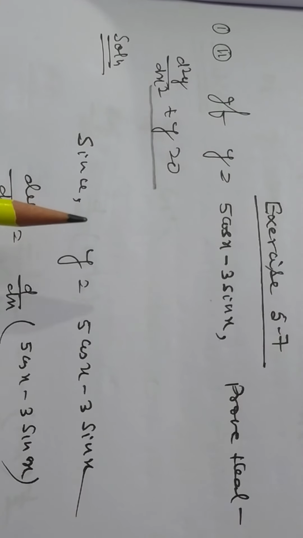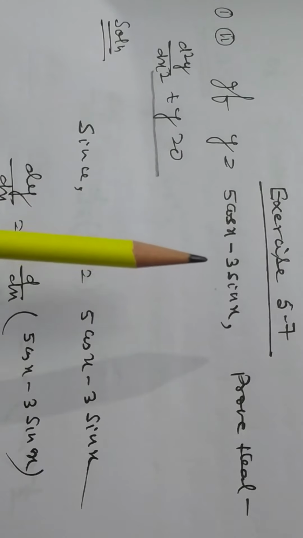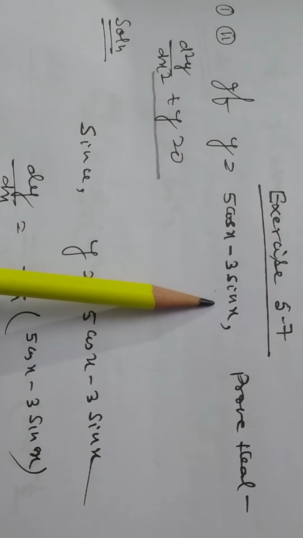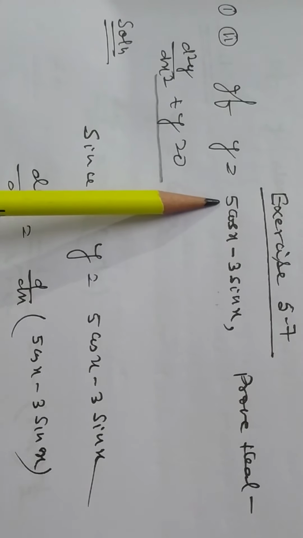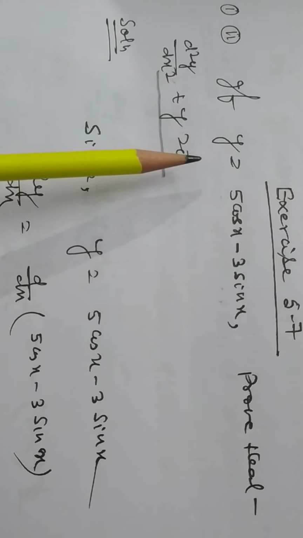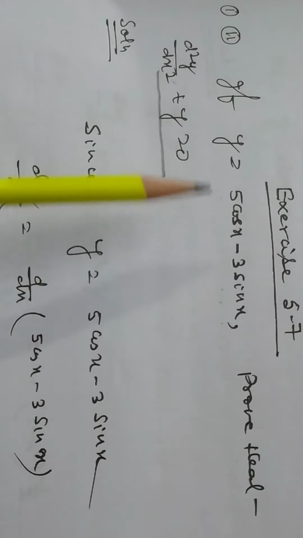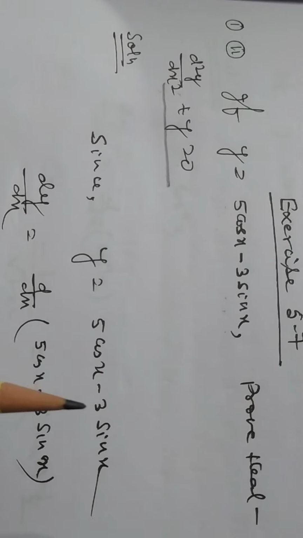My dear student, in the chapter of differential equations, this problem may be asked in this form: if y is equal to 5 cos x minus 3 sin x, form its differential equation. Or prove d2y by dx square plus y is equal to 0. The question is, how will you solve this problem?